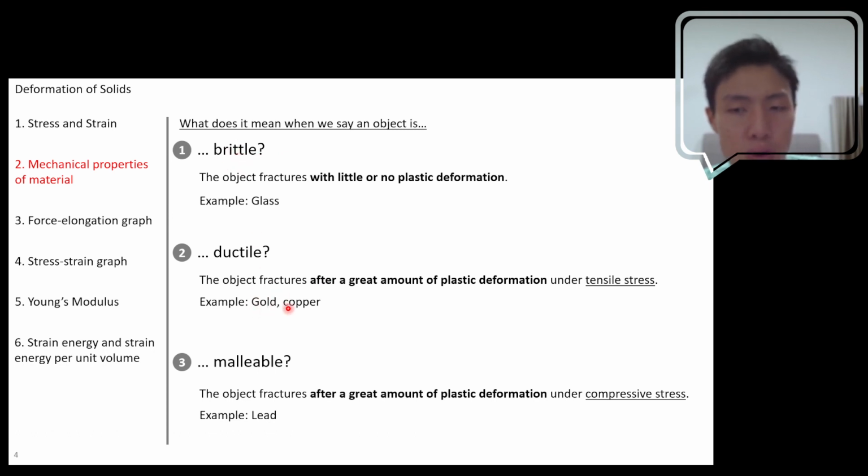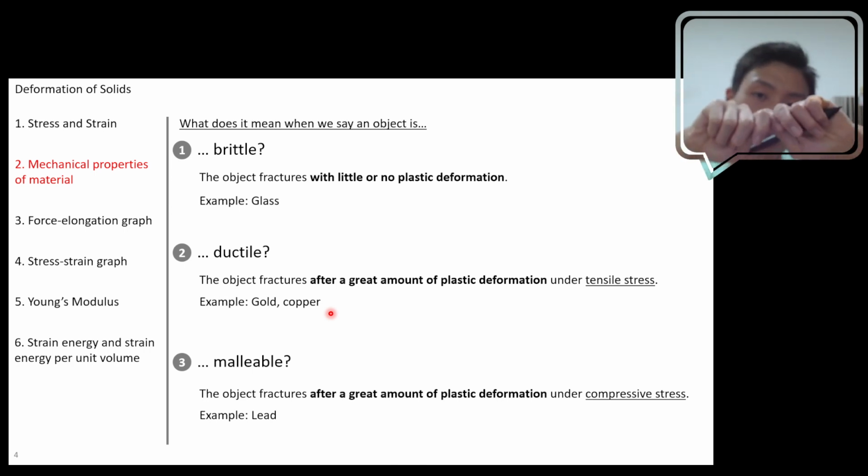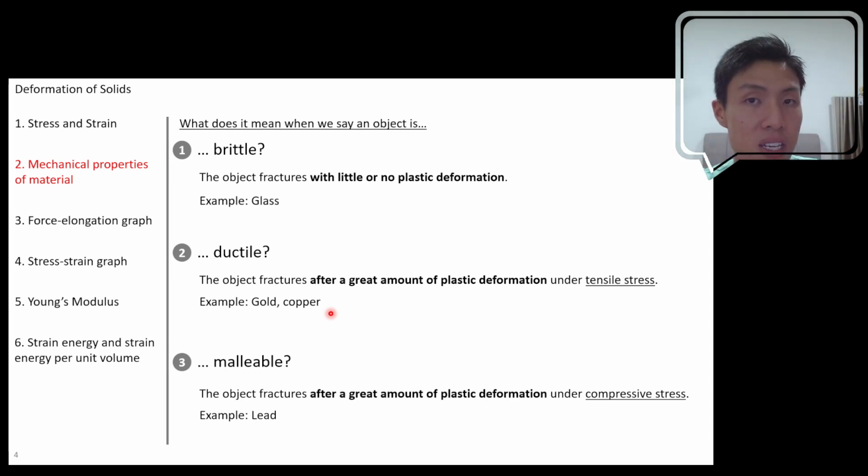But things like gold and copper can be made into long wire threads, filaments. They can be made into threads easily because when you pull, they undergo a long stretch before they break. You can make it even thinner and even thinner. That's why it forms a wire shape, and why it won't break so easily when you're stretching it. That's why we say these materials are ductile.